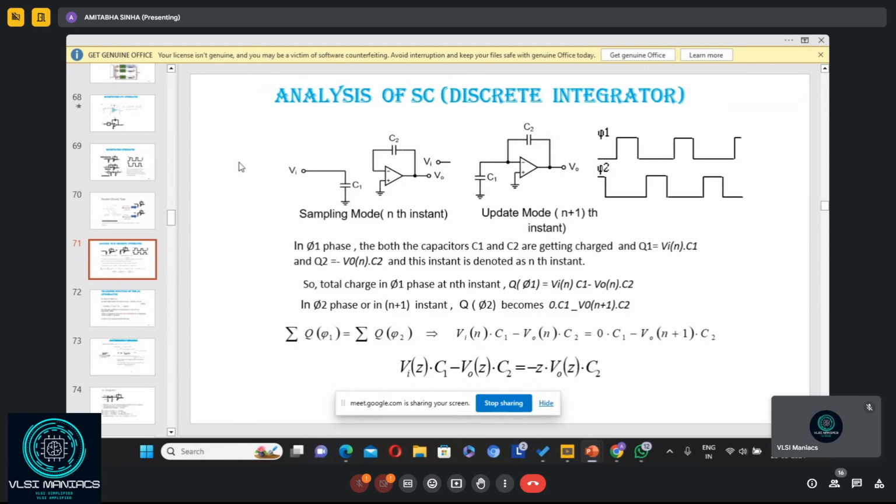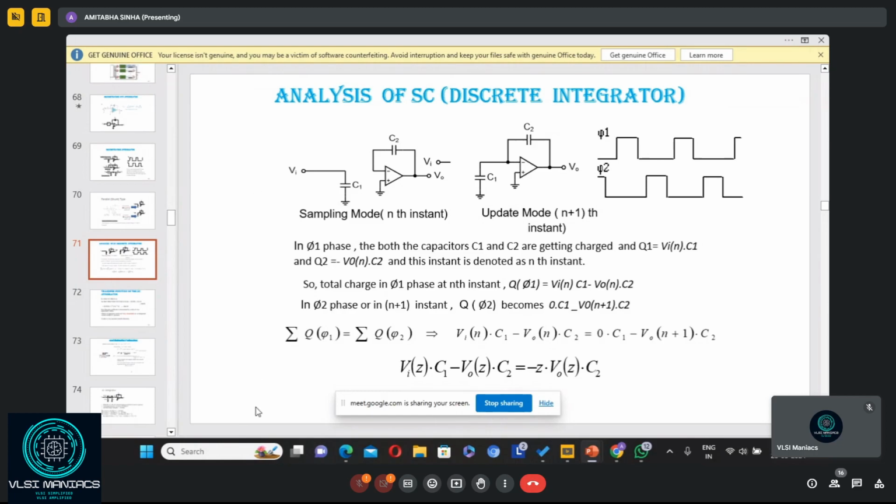Getting these, Y(s) by X(s) or Y(z) by X(z), we find out the relation between y(t) and x(t), because if you take the inverse Laplace, you will get y(t) and x(t). x(t) is the input and y(t) is the output.